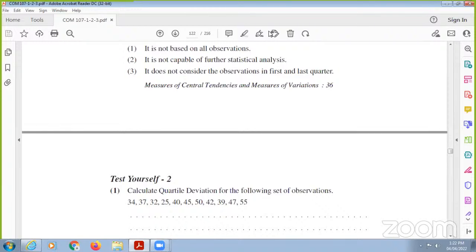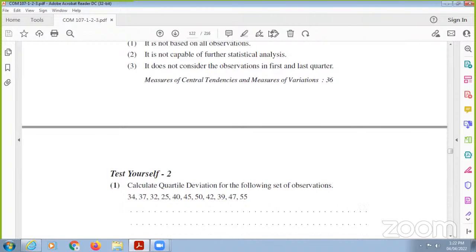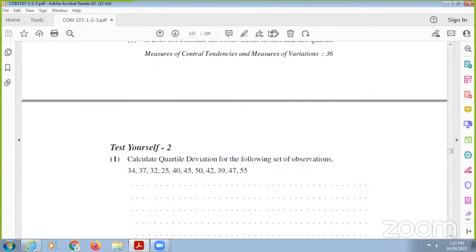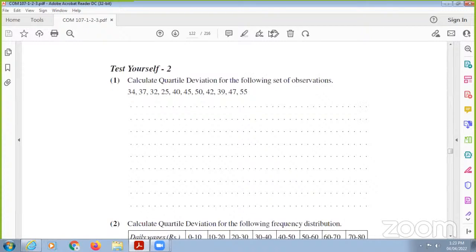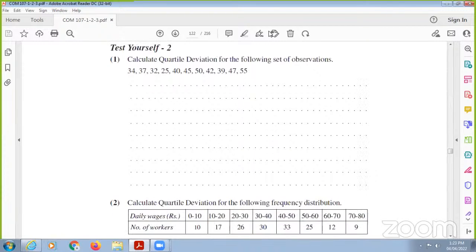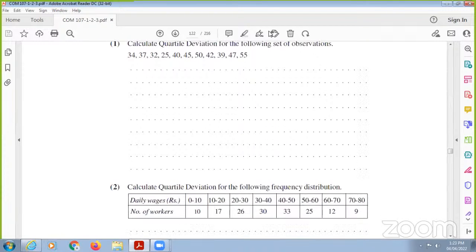The answer to each question is given at the end of each unit also. The second example here is grouped data. Calculate the quartile deviation from the following frequency distribution.